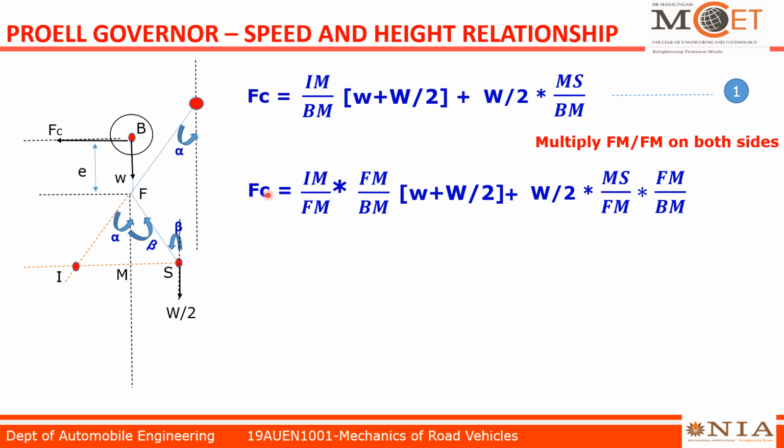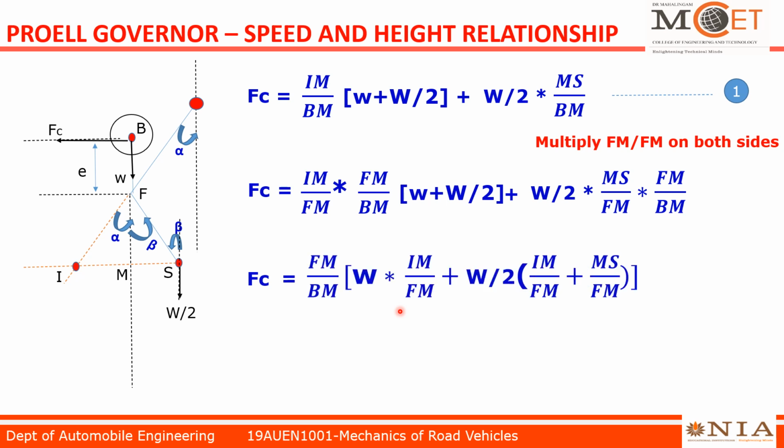Here we get Fm by Fm equal to 1. So I just make it as Fc. Now we know that Im by Fm equal to tan alpha, and Ms by Fm equal to tan beta. I just take Fm by Bm common.